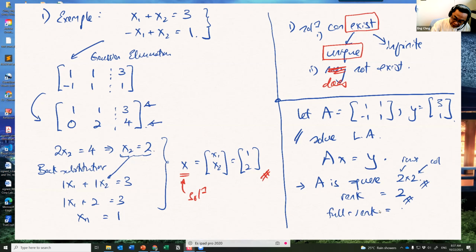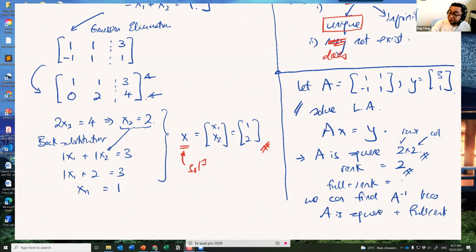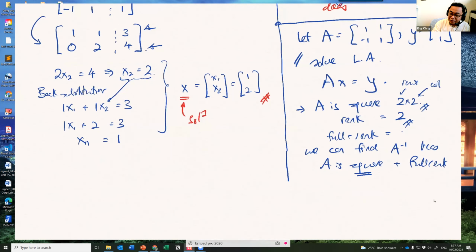In this particular case, we can find the inverse, because A is square and A is full rank. We can find the inverse of A, because A is square and full rank. Now, if A is rectangular, you can forget about finding the inverse, because inverse does not exist for a rectangular matrix. But because A is square, it satisfies the first condition. The second condition you need to satisfy is it must be full rank.